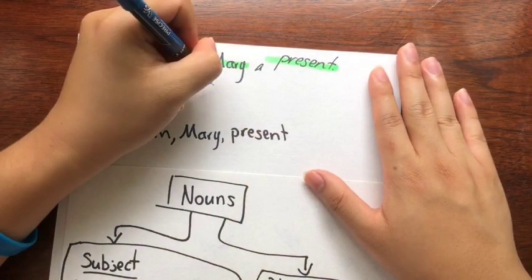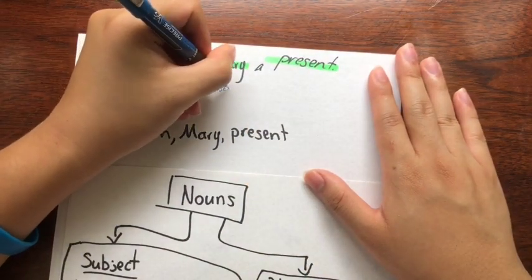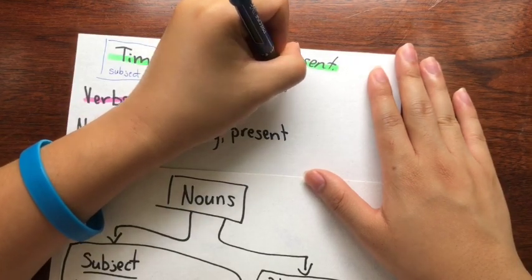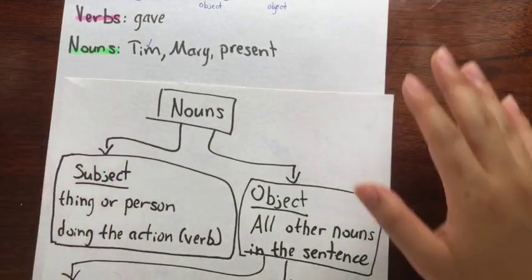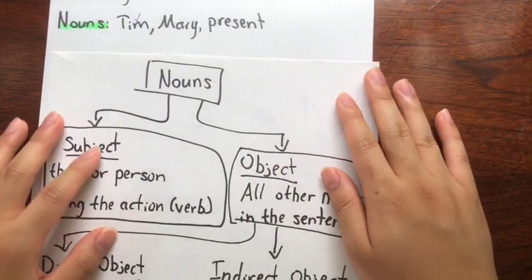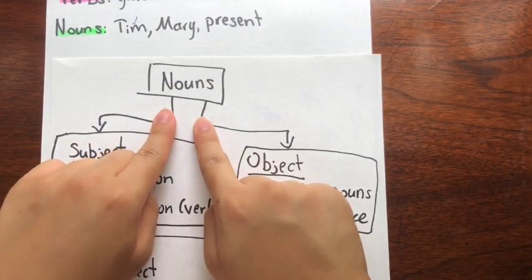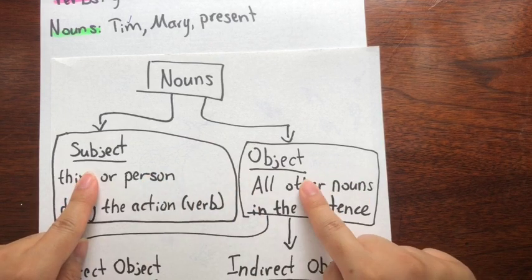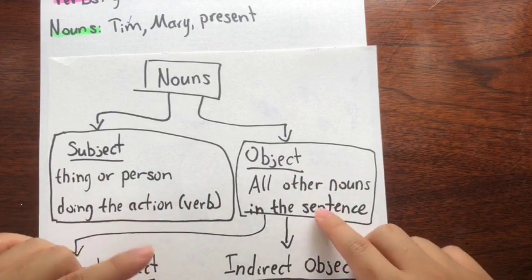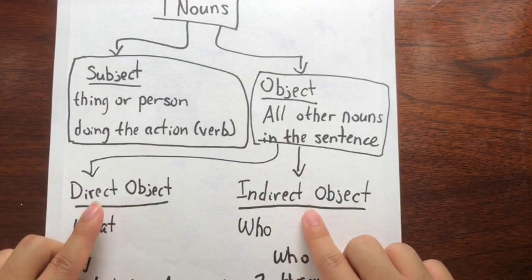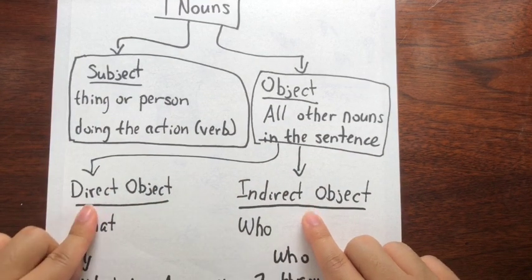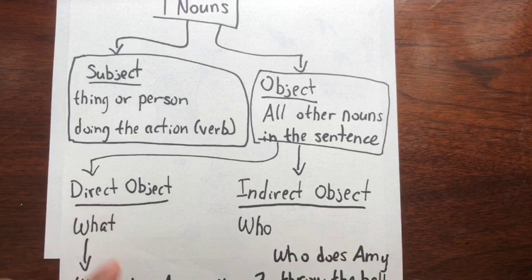So Mary and present are objects. Because when we have nouns, we have subjects and we have objects. So, objects, there are two different objects. We have the direct object and we have the indirect object.